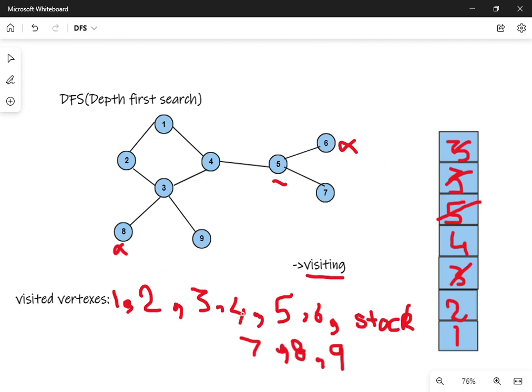Now move towards the previous vertex of 3, which is 2. The adjacent vertices of 2 are 1 and 3. 3 is already explored and 1 is already explored, so let me cancel it.